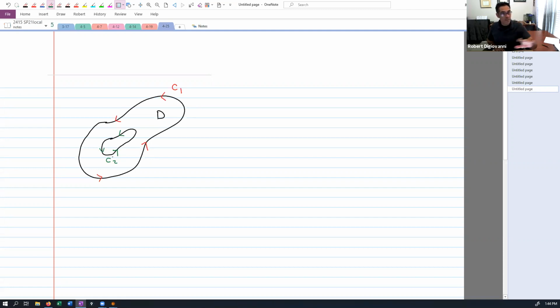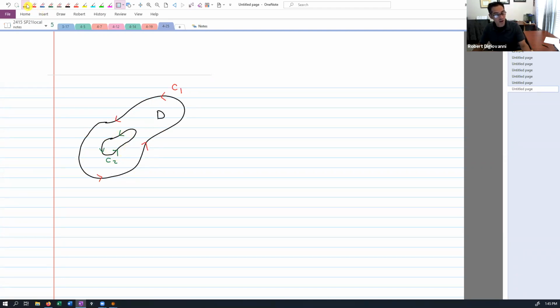All right, y'all with me? Just let me do all this, and then you'll see the end result, and it'll hopefully be like, oh, that's why we did all that. Okay, now I see why. So we have this region D, which is the space here with the hole taken out, right? And I've drawn a positively oriented path C1 around the outside and a positively oriented path C2 around the inside. Now I'm going to do something else.